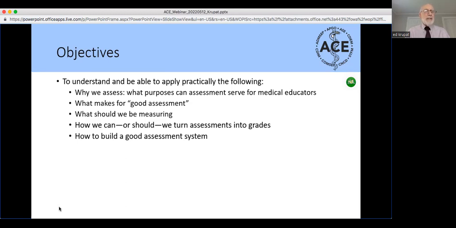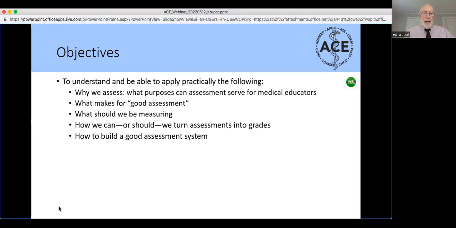So the question is, what's the difference between good assessment and assessment that's not so useful? Third question that I want us to address is, what should we be measuring if we're going to be assessing? And I'll use measuring and assessing pretty much interchangeably, if I may. And then I want to ask how we can, or at least how we should, turn assessments into grades.